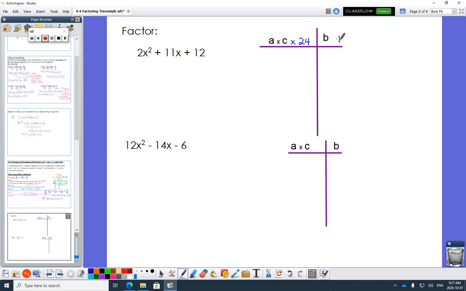B is 11. So again, like Erica said, do we have to write down numbers if you know they're wrong? No. But if you want to do the same thing every time, start at 1. 1 times 24 is 24, does not add to 11. 2 times 12 is 24, but does not add to 11. 3 and 8 is 24. What's 3 plus 8? 11.